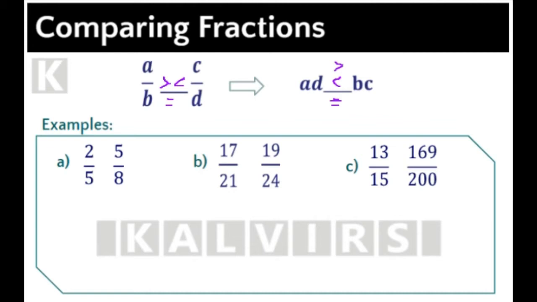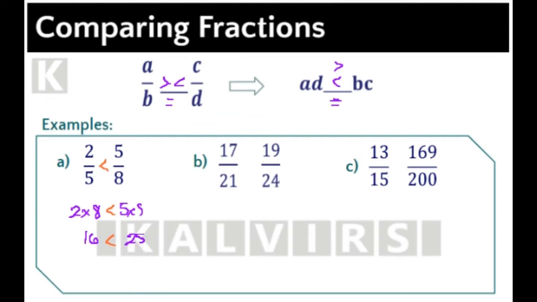In the example, we have 2 over 5 and 5 over 8. So if we do cross multiplication, we have 2 times 8 compared with 5 times 5, 16 and 25. 25 is greater than 16. Therefore, 5 over 8 is greater than 2 over 5.